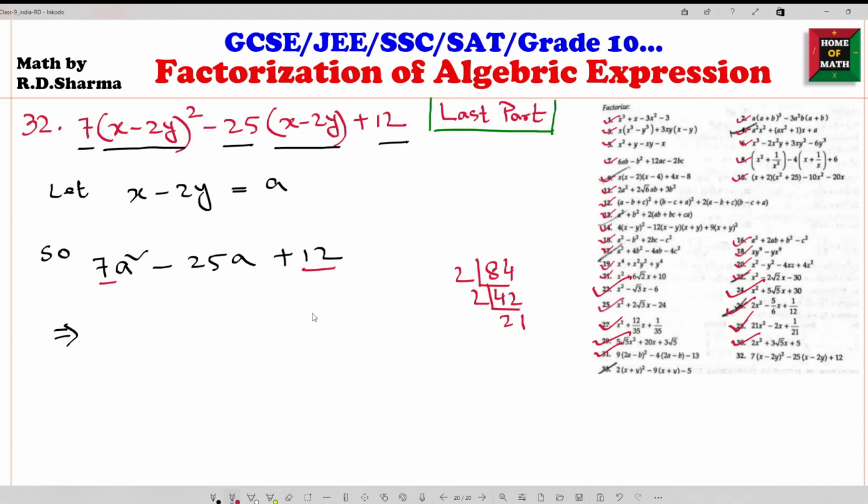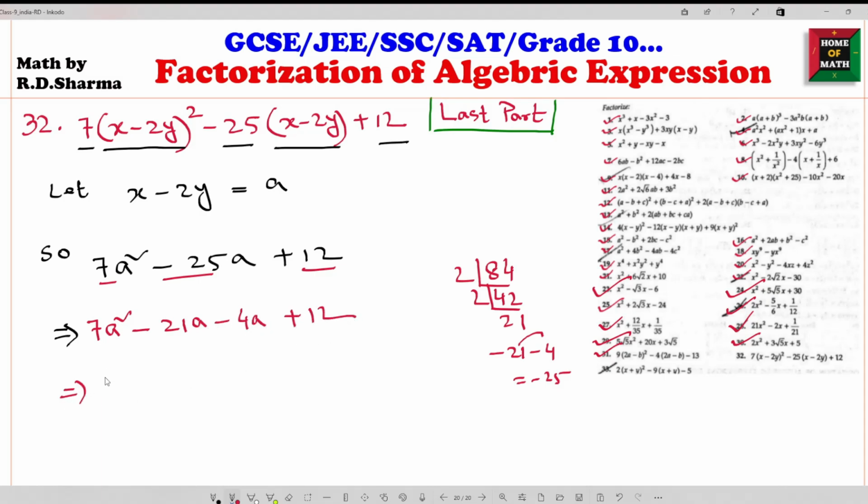So our target is to make this one minus 25. So here minus 21 and minus 4 it will become minus 25. Similar thing, 21 times 4 it will be 84 as per middle term factor. So we can write like this, 7a² minus 21a minus 4a plus 12, right?